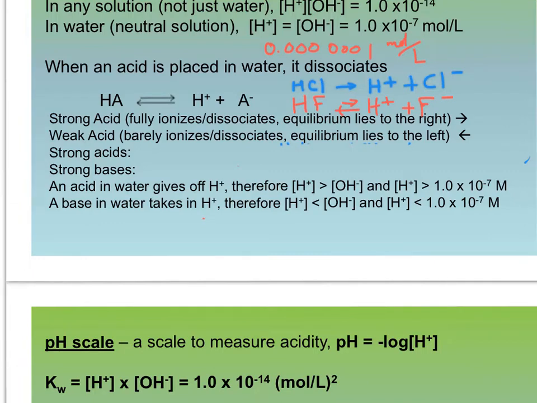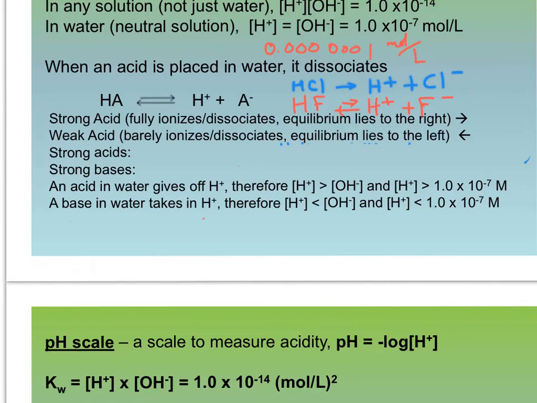So based on the concentration of the H plus, I should be able to figure out if it's an acid or a base. If it's neutral, both of these would be equal to 1.0 times 10 to the negative 7th. If it's acidic, my H plus would be higher than this number, my OH minus would be lower. So acid means extra H pluses, less OH minuses. If I have a base, I have less of the H pluses and more of the OH minuses.